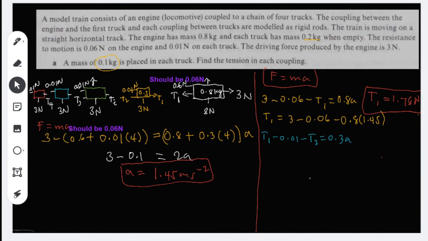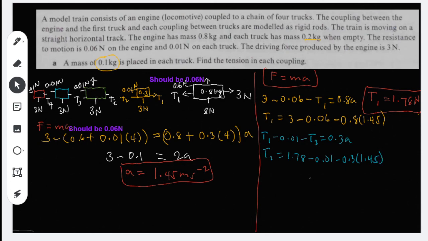Since we already got the value of T sub 1, which is 1.78 Newton, we will now just solve for T sub 2. So T sub 2 will be equal to 1.78 minus 0.01 minus 0.3 times 1.45.